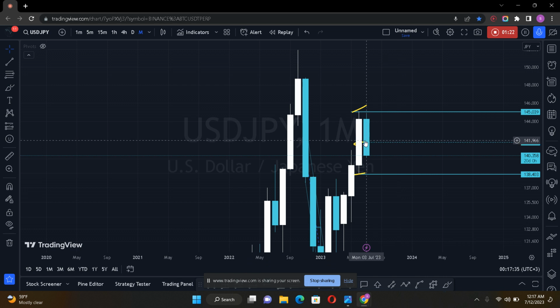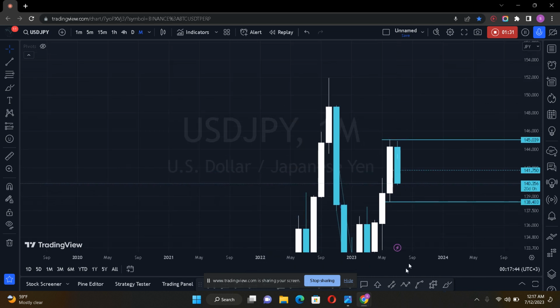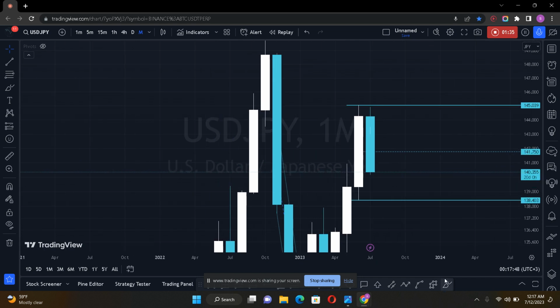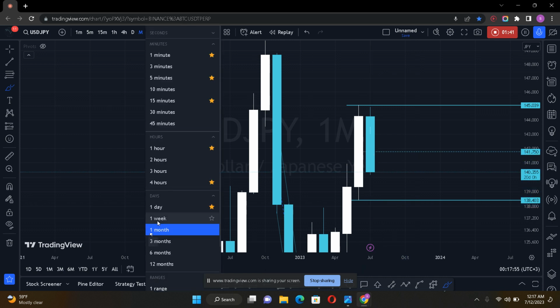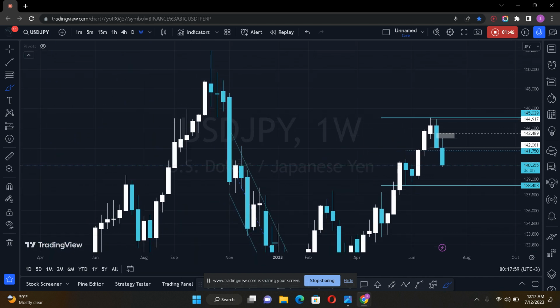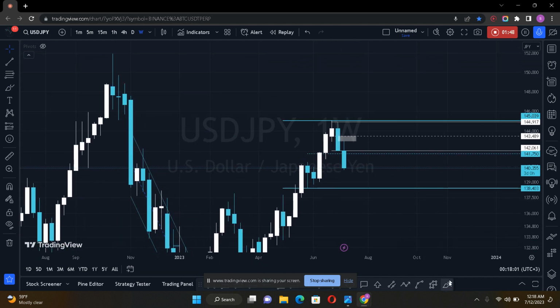So having marked out those particular levels, we can see that price is currently below previous month's mid-range. So we are trading below the lower half of the previous month's range. Down to the weekly time frame. So I do the same for the weekly, and I use these white horizontal rays.